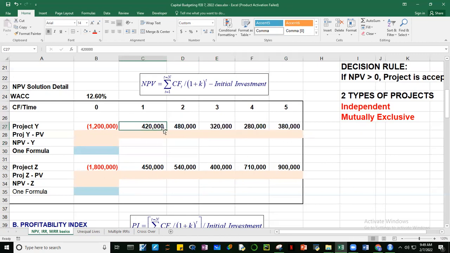And then the operating cash flows have to be computed. So how are these computed? The company prepares a forecast of their income statement. What are the expected revenues? What are the expected costs? So they come up with an income statement, and then the income statement is converted into cash flows.